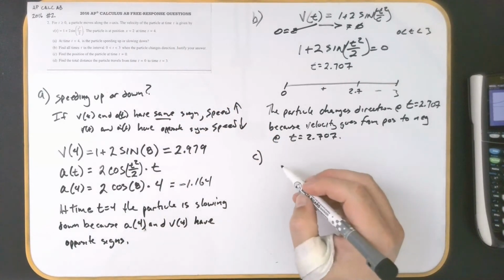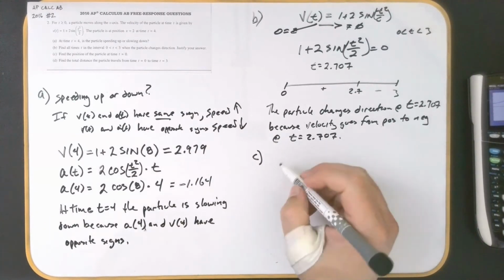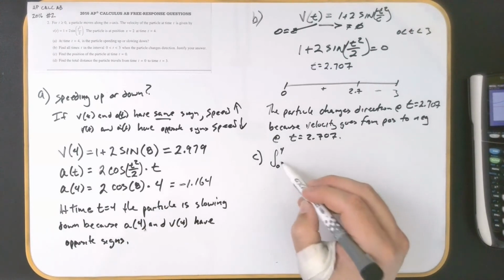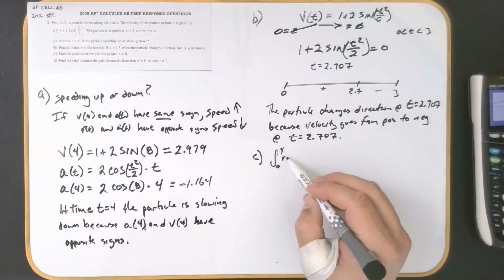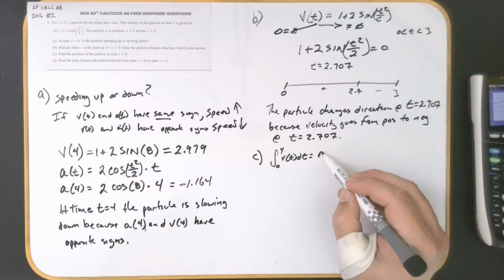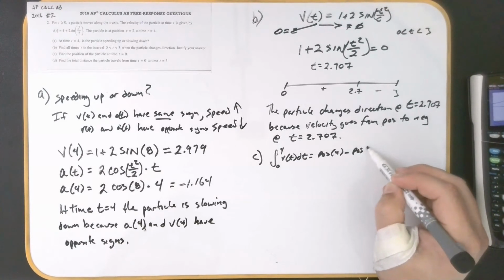Well, what we're going to do then is we're going to set up a velocity integral and with the fundamental theorem get position. So what we're going to do is look at 0 to 4, and we're going to integrate the velocity. And we know that that gives us position at 4 minus position at 0.